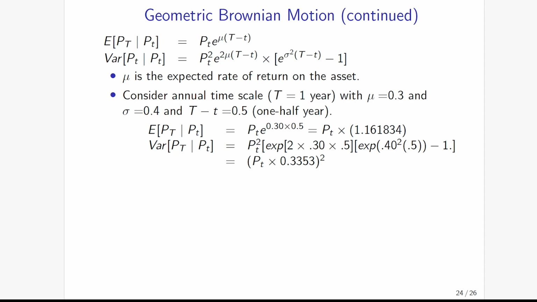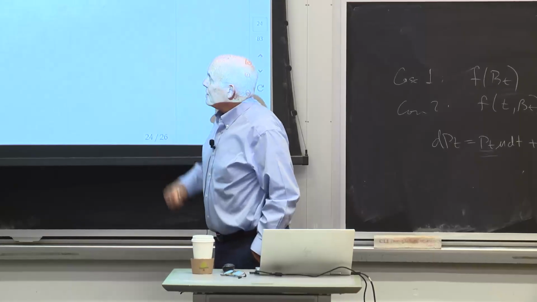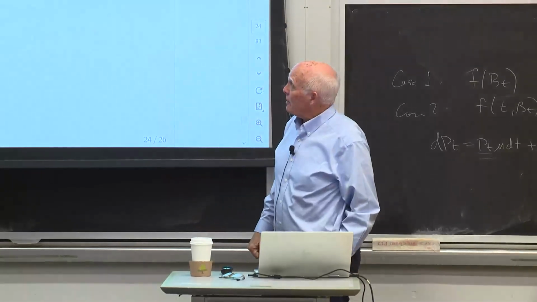So this is perhaps reasonable for some moderately risky stocks that have a modest return expectation of 30% per year and a volatility rate of 40% per year.